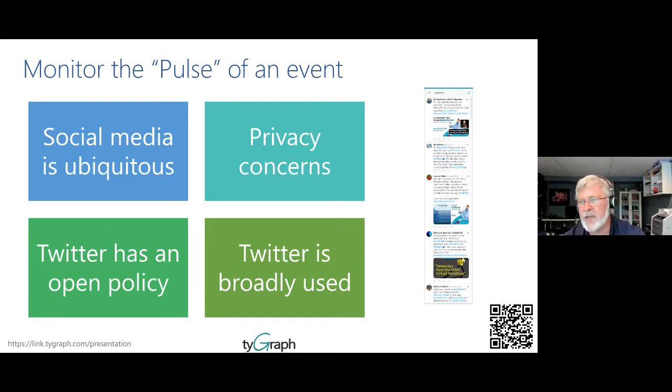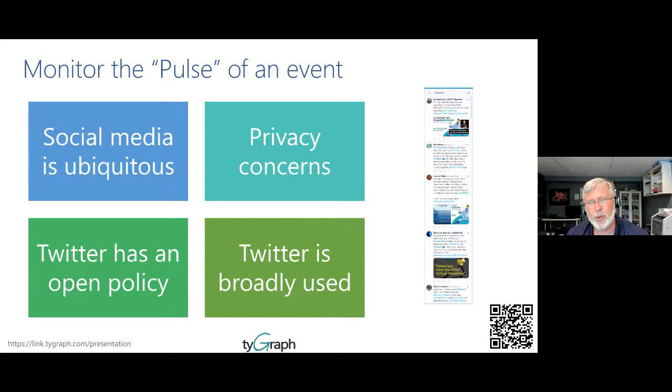Conversely, Twitter has an open policy. When you're posting on Twitter, everyone can see it, and that's part of your conditions of use. So it's in the public domain. So it's public data. So it's a pretty good platform to choose from a technical standpoint.